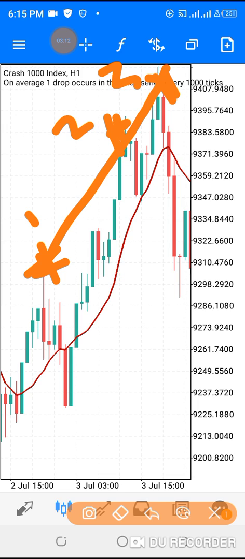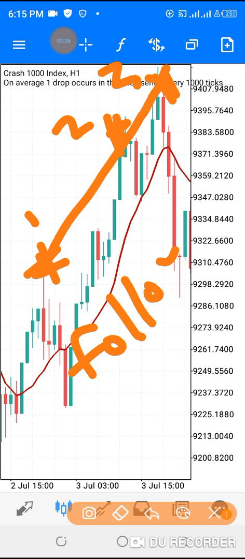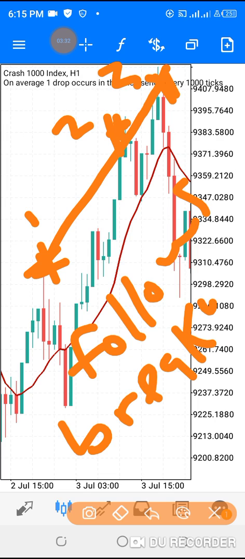These higher highs and higher lows are very important for those who want to trade breakout. With trending, you either follow the trend with your trades, or you trade breakout. It's two things.